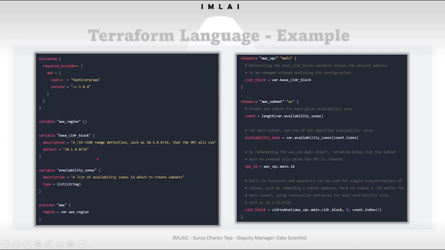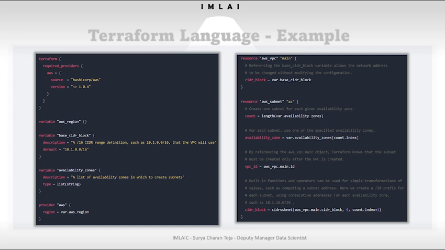So there it's a description. In description we have mentioned /16 is CIDR range definition such as 10.1.0.0 /16 that the VPC will use. Here if I would like to explain, what this means is, 16 means 8 plus 8.